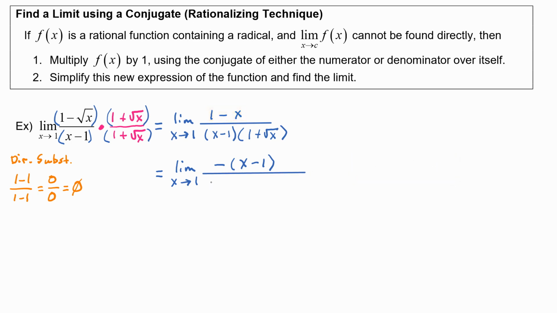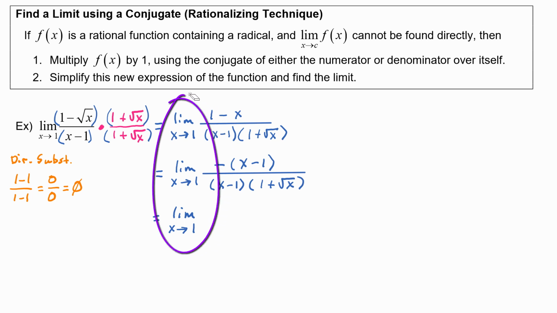We bring down the denominator, quantity x minus 1 times quantity 1 plus radical x. This is going to equal the limit as x approaches 1. Remember, we have to keep writing the limit until we actually perform that limit.